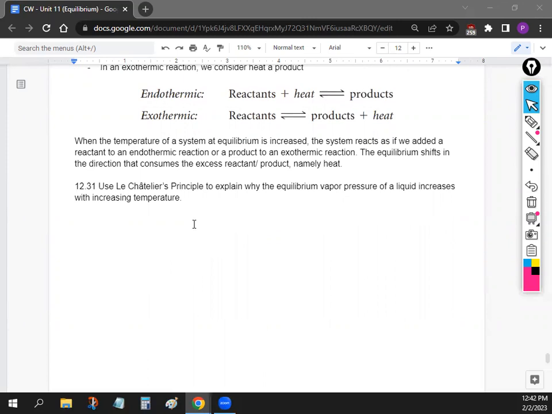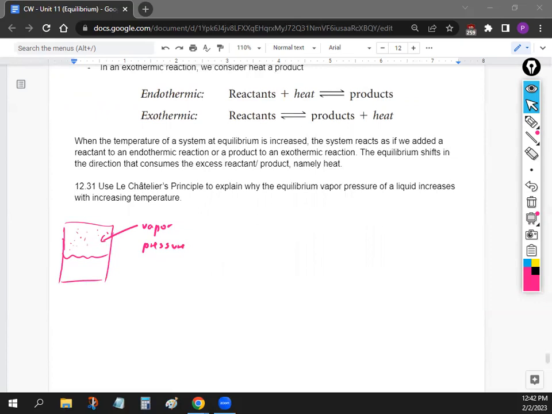If you don't remember what vapor pressure is, if you have a liquid in a sealed container, it's going to vaporize even if it's not boiling, and the pressure caused by those gas molecules is called the vapor pressure.